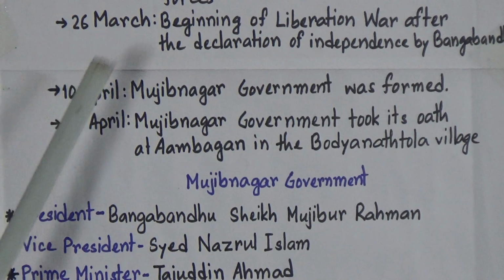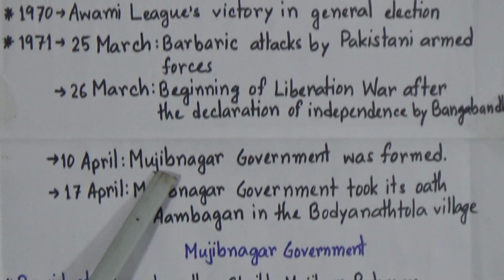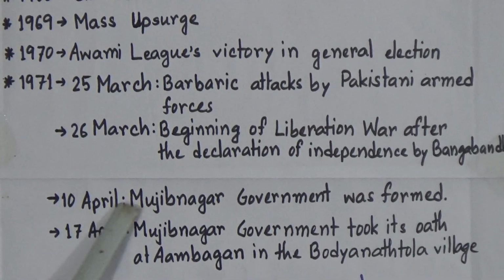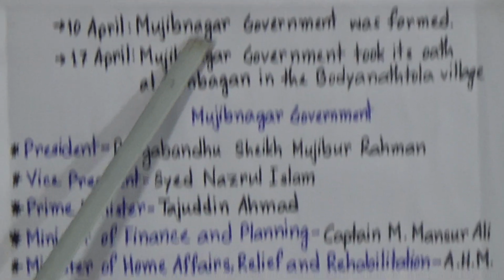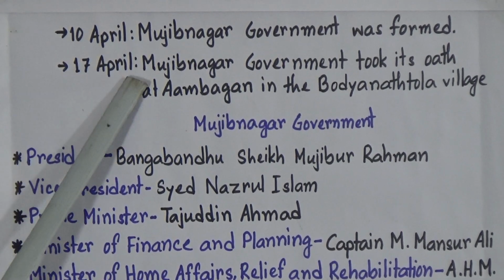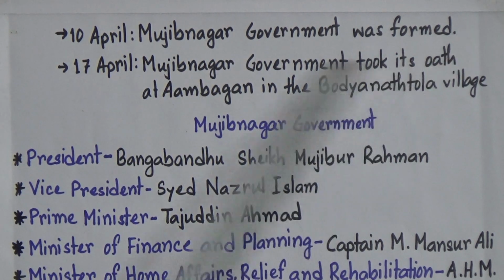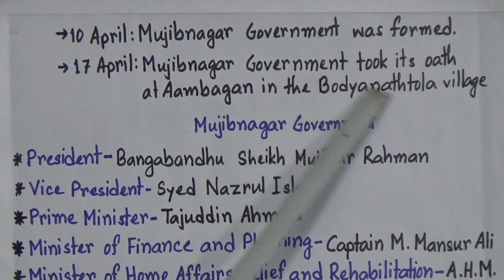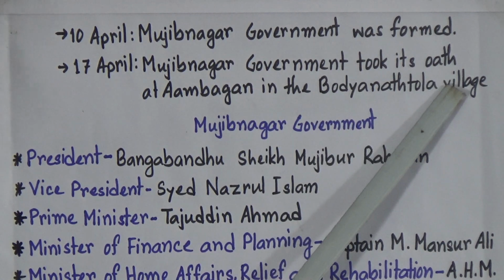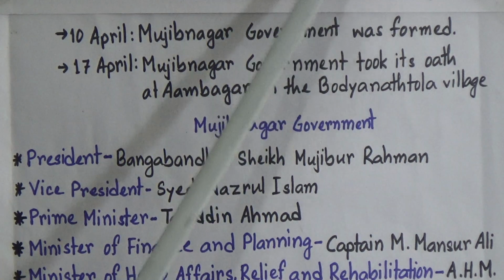This is a very important question that might come from this government: when was this Mujibnagar government formed? And on 17 April 1971, the Mujibnagar government took its oath at Ambagan in the Baidyanathtala village, which is in Meherpur district.